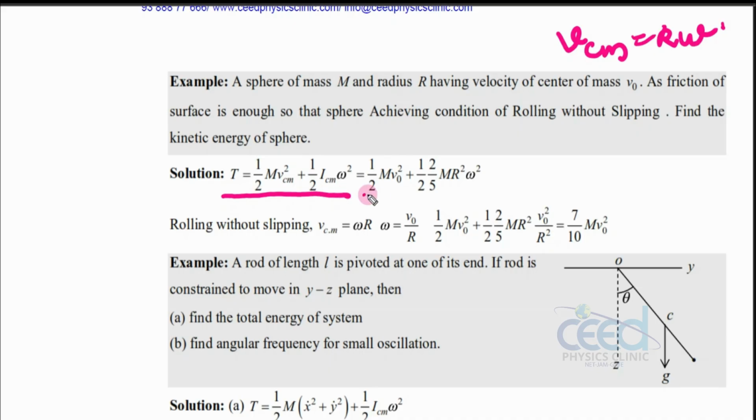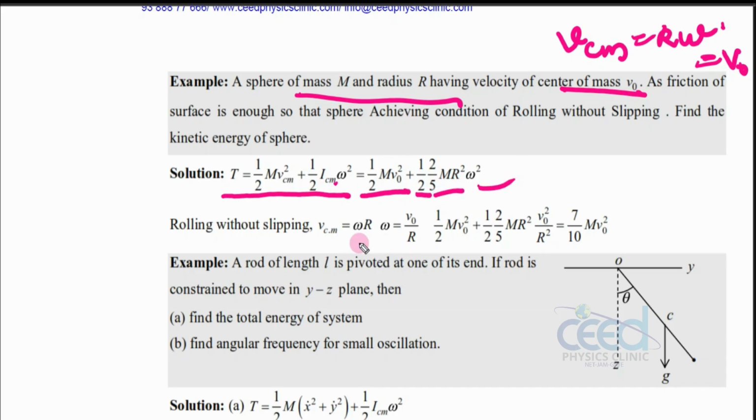So half m into v center of mass, where the center of mass velocity is taken as v0, that is half m v0 square. Now plus half into the moment of inertia I center of mass of a sphere of radius r, which is 2 by 5 m r square, into omega square.